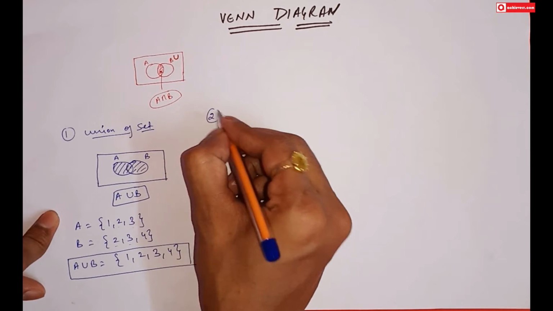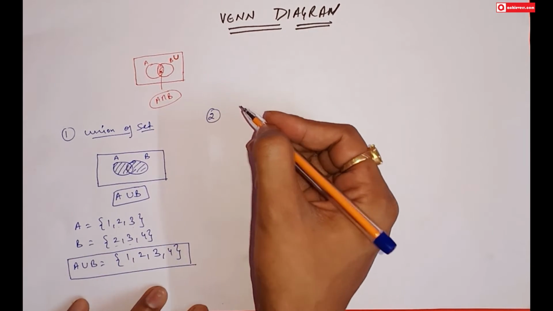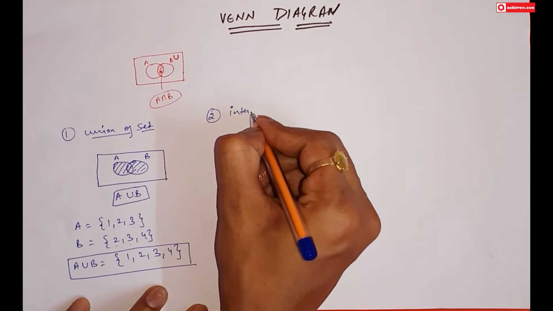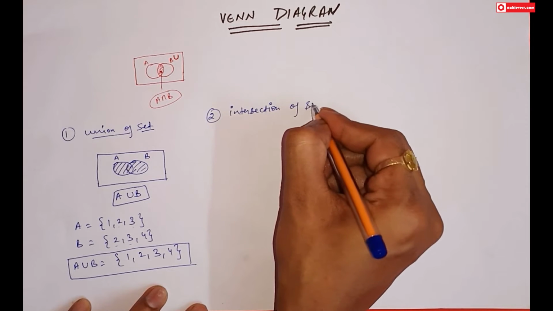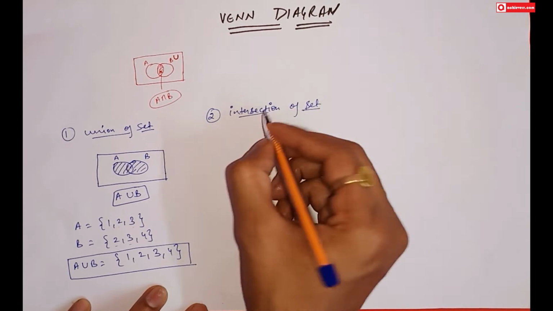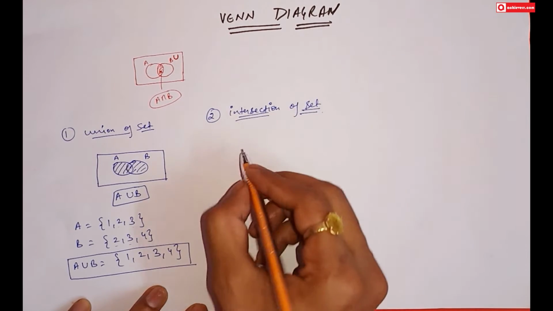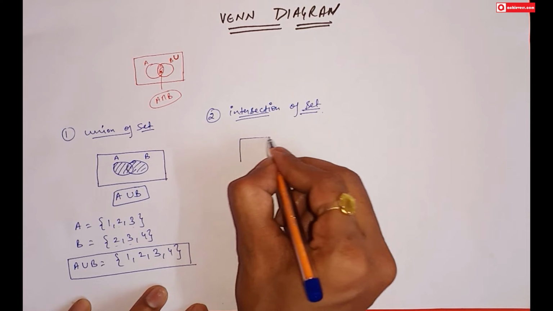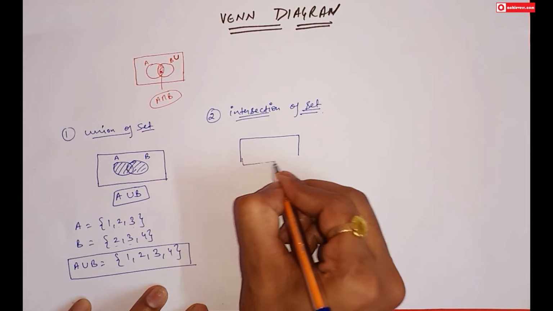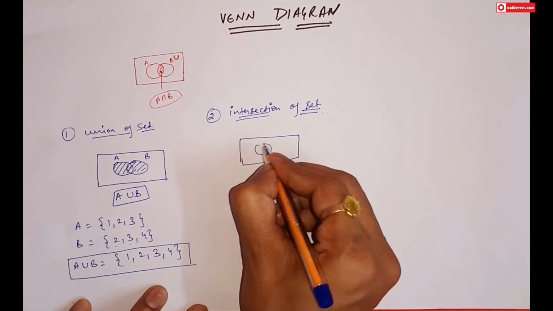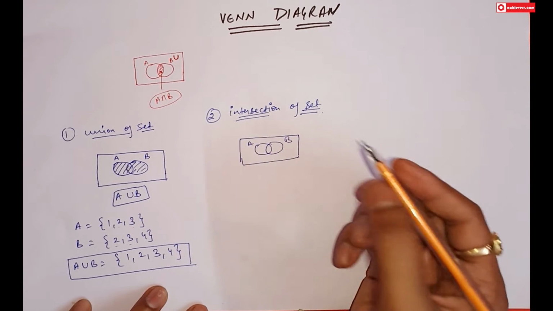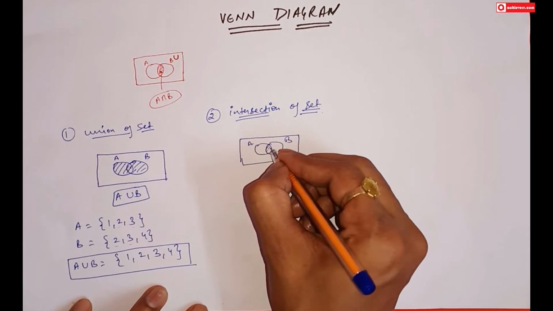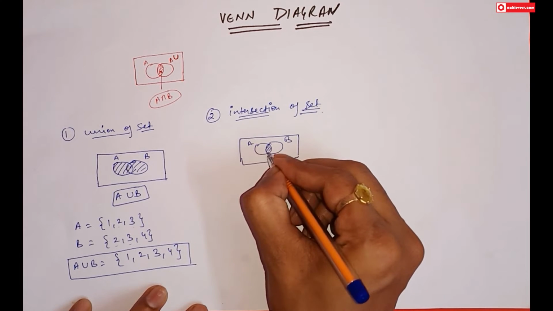So second is intersection of set. We have two quantities A and B, same. Intersection means the common area, the common part, this one which we have discussed earlier.